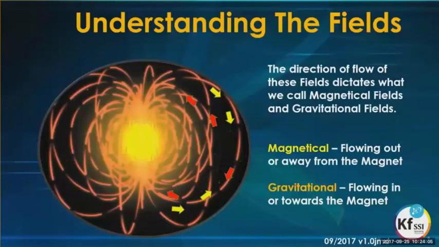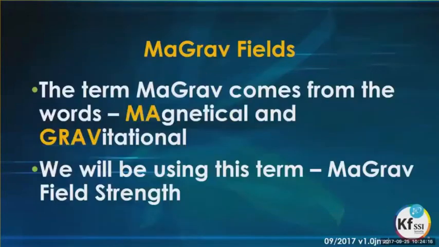So that is the representation on a sort of 3-dimensional basis if those magnets were round. We will go into the formation of these magnetic fields, how they come together and interact, in the next series of workshops. But what we wanted to achieve today is just how these two interact, and the term maggrav fields, because we will be using this terminology throughout the next presentations.